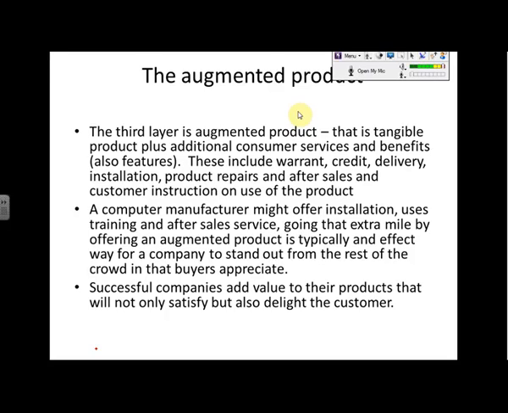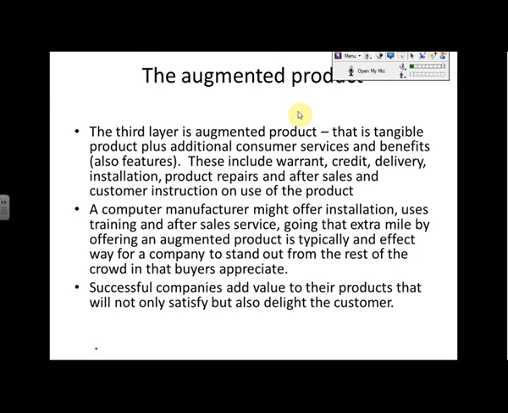Going that extra mile by offering an augmented product is typically an effective way for a company to stand out from the rest of the crowd, in that buyers appreciate it. Buyers would rather go somewhere where the bulk of the things come as a package. They are given augmenting services for the product.